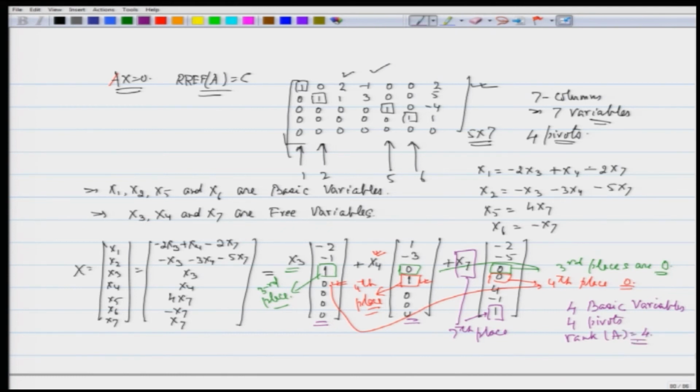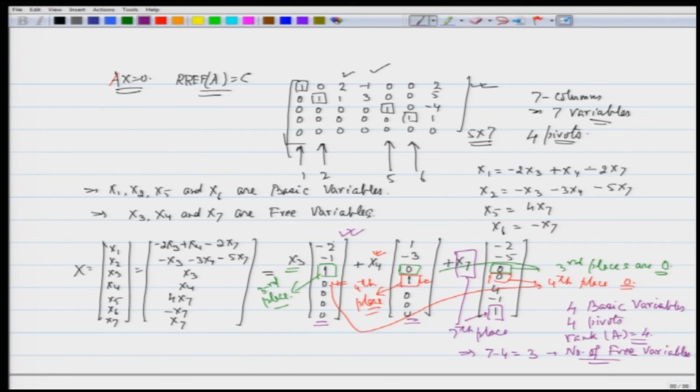So, therefore, 7 minus 4, which is 3, was the number of free variables. Each of these free variables has given me a solution, in the sense that I have got this vector which is a solution of the above system. You can see that minus 2, minus 1, 1 times that will be 0.